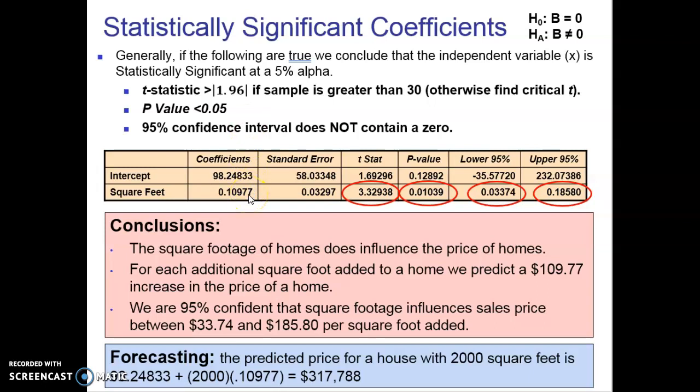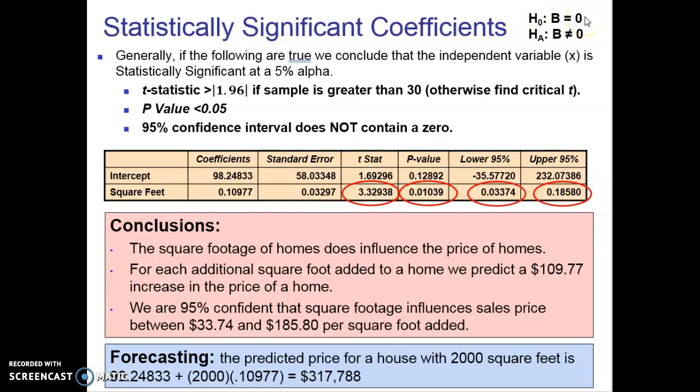But 95% of the time, you would not get sample coefficients that lie in the tail. And since we have 1% here, we're clearly getting a coefficient that lies in the tail. And that's very unlikely if the true population coefficient were 0.